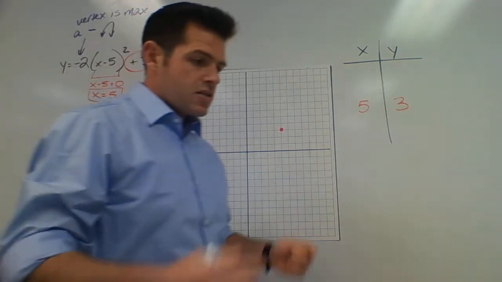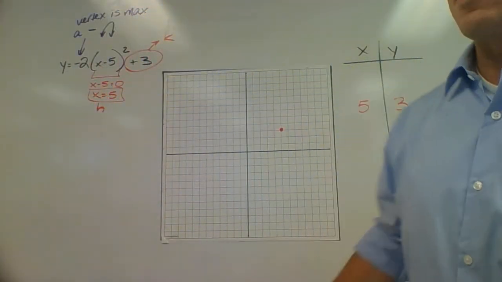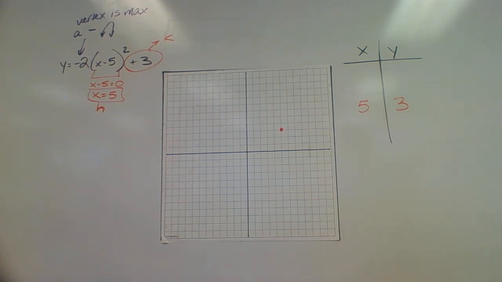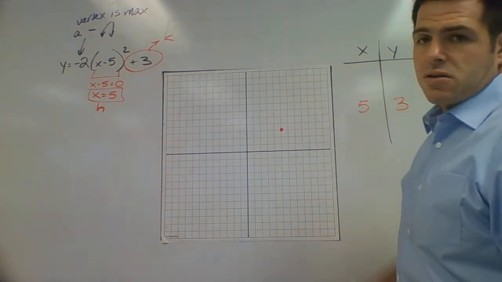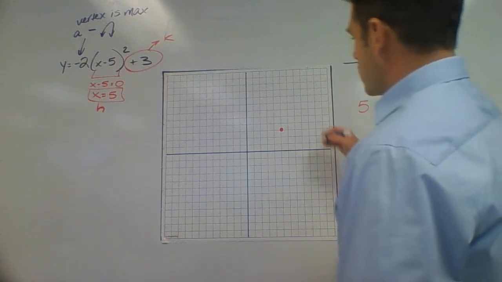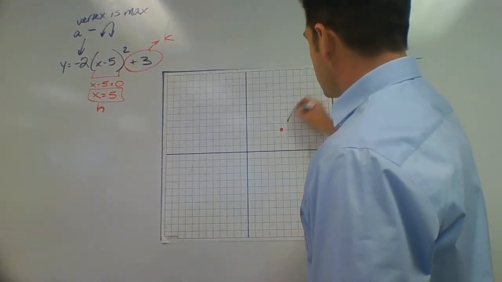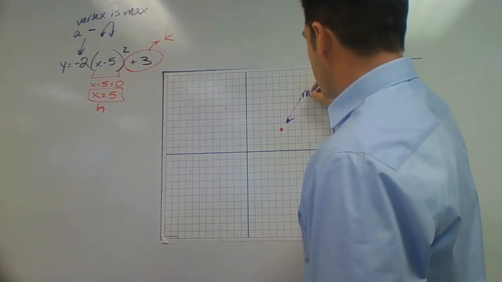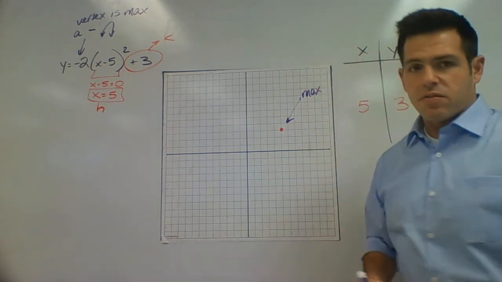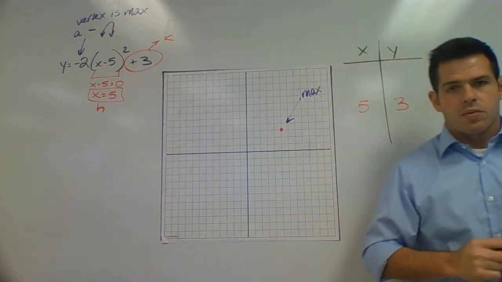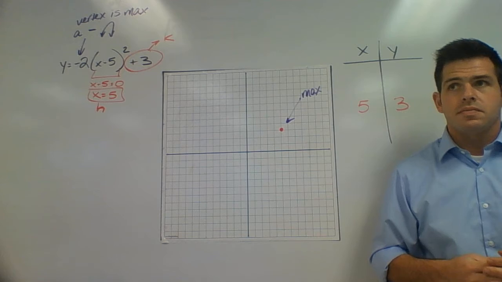Again, since the a value is negative, our parabola is going to be going downwards, which means this is the highest location on the graph right here. So I'm just going to go ahead and label it right here for us, just to have that information there. It's going to be important when we do more application type problems.